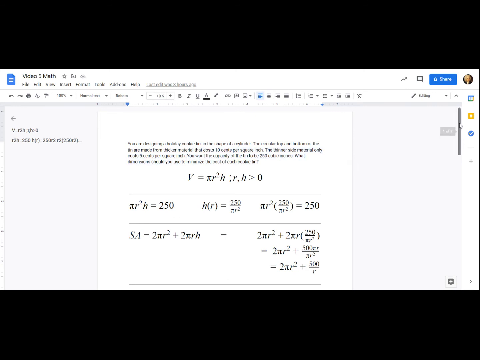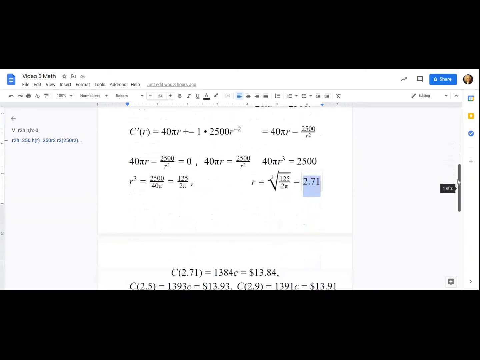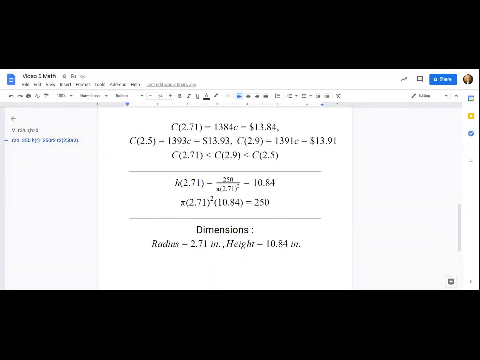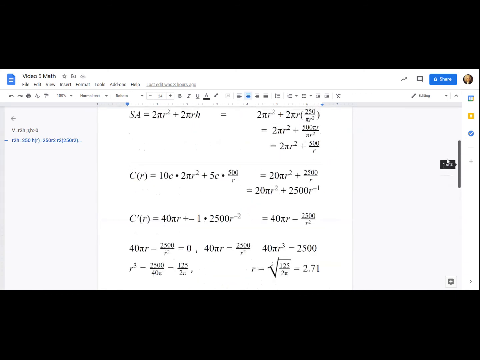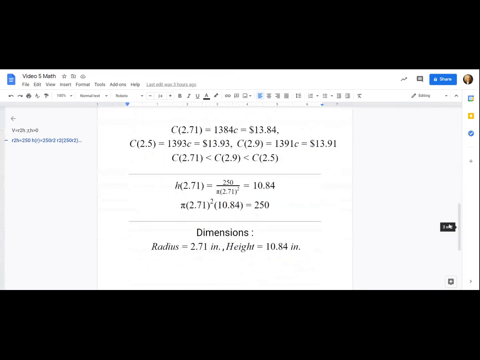So now we have the radius, which is 2.71. Excellent. Now, all we have to do now is figure out the height. We have the radius, and now we need to figure out the height. So we plug 2.71 back into the h of r function, and we get 250 divided by pi times 2.71 squared, and we get approximately 10.84.